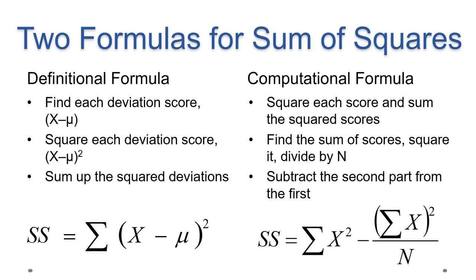The first step is to square each score and add the squared scores. So sigma, open parentheses, x squared, close parentheses. The next step is to add up the scores, square the sum, and divide it by the number of scores.